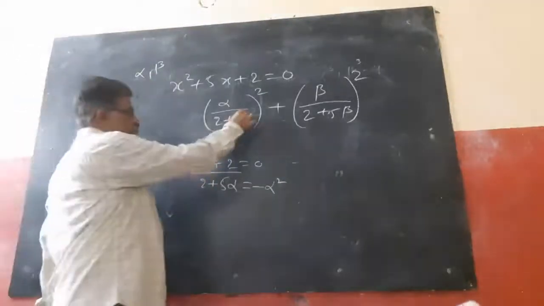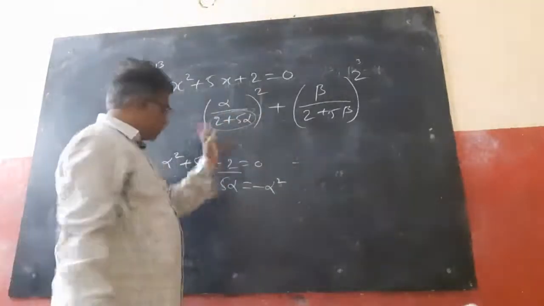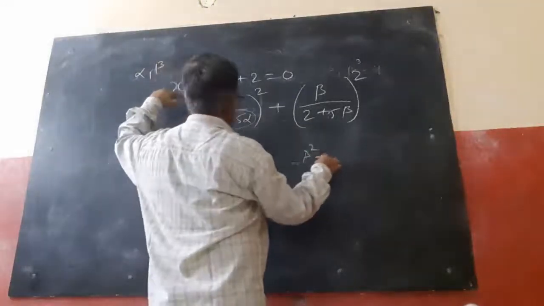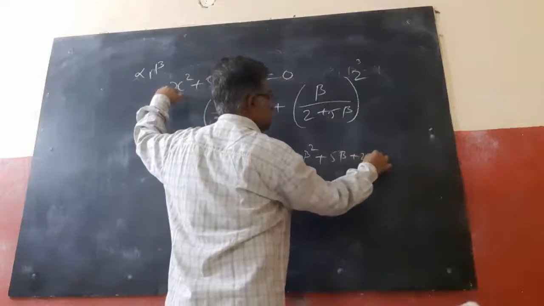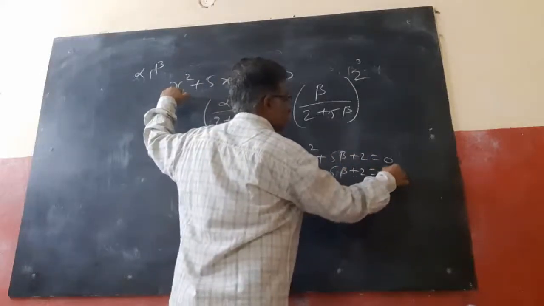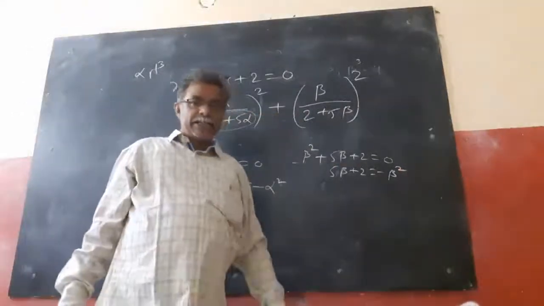So instead of 2 plus 5 alpha, I can simply write minus alpha square. Similarly for beta, beta is the root means beta square plus 5 beta plus 2 equal to 0, implies 5 beta plus 2 equal to minus beta square. So in place of 2 plus 5 beta, I can write minus beta square.